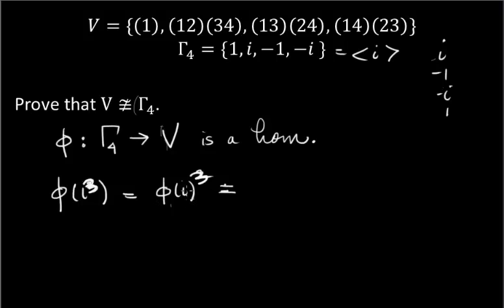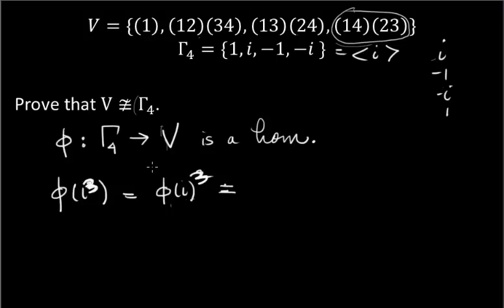In V, if you cube each one of these, you get itself back, right? If you square this, just take this one here, you get the identity. So if you cube it, you get itself. And it's the same for all three elements of order 2 and, of course, for the identity.